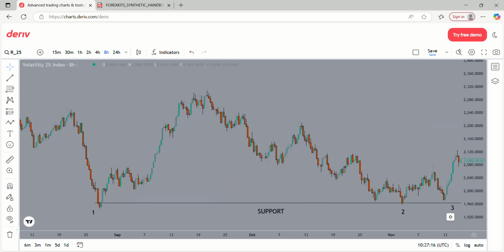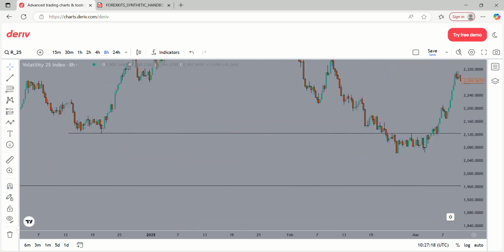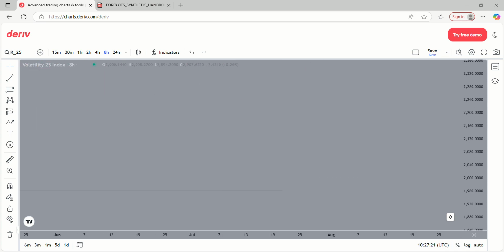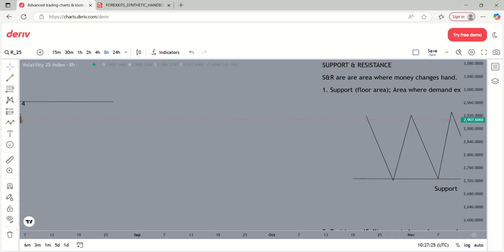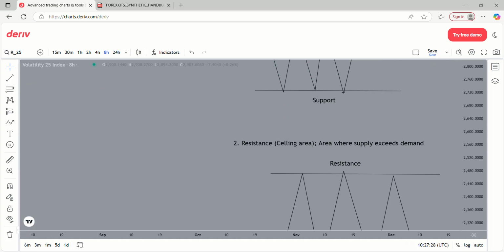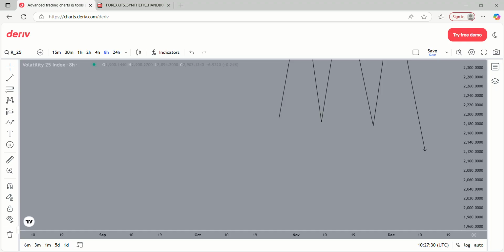But let me first draw, like I always draw, so that you can get it better when I come to my charts. Let me use my text box: where support becomes a resistance.